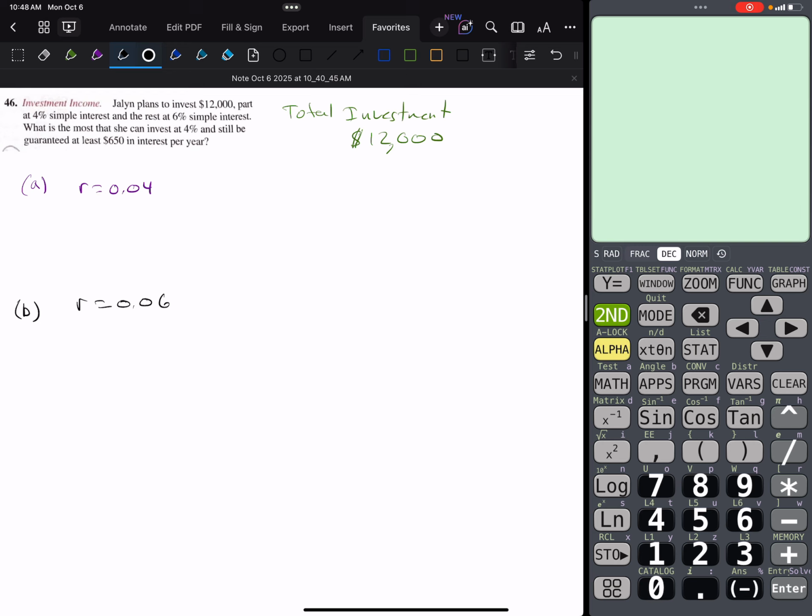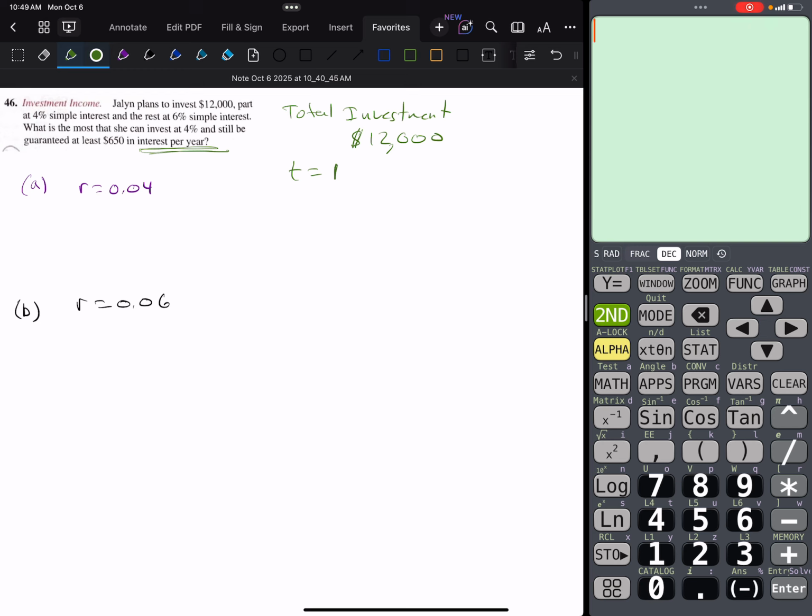Now, I want to do these interest rates, and I'm talking about interest per year. And so I'm going to let my time equal years for both. My time equals 1 year, because that's the same for both. Now, my total investment doesn't mean that I have a $12,000 principal in 4% and a $12,000 principal in 6%.